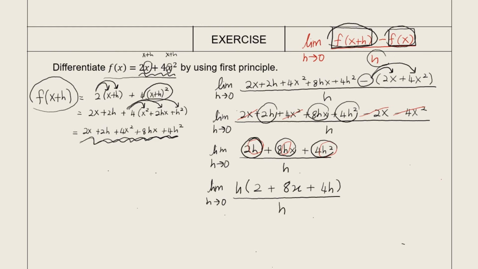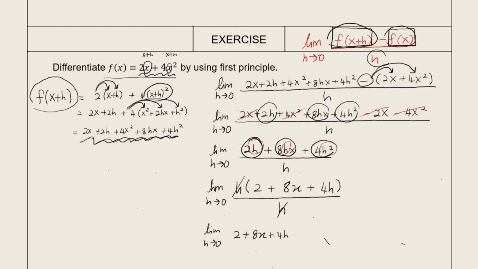So you have h in the numerator, you have h in the denominator. What you can do is cancel out both h. Okay, so you are only left with limit of h approaching 0 for the function 2 plus 8x plus 4h.